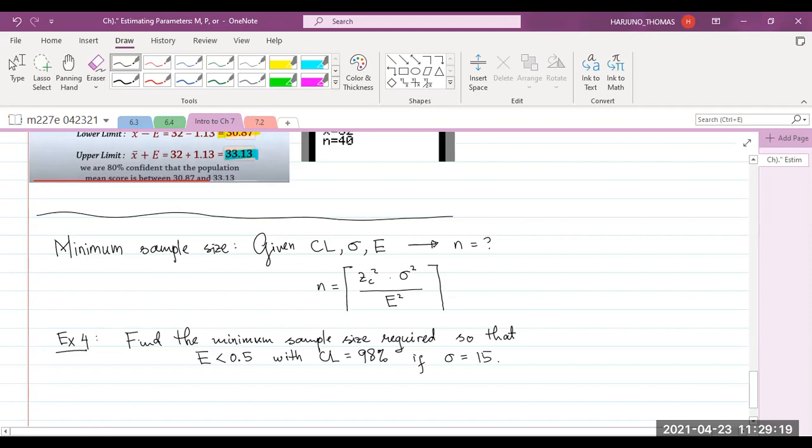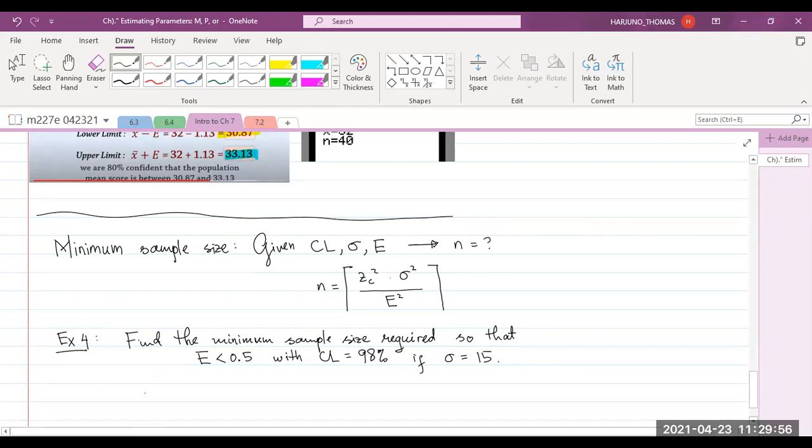Let's say, for example, we know that population standard deviation of adult IQ score is 15. And we want to estimate the population mean, the mean of IQ score of all ELEC students. Now we want the error to be less than 0.5. If the confidence level is 98%, then what is the minimum sample size?